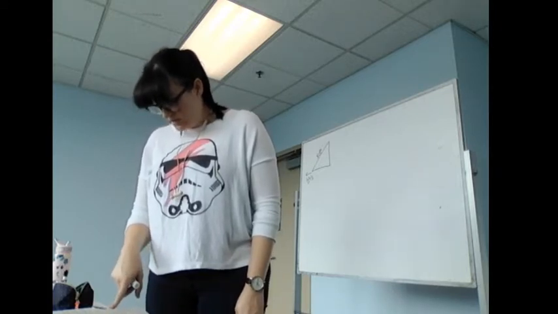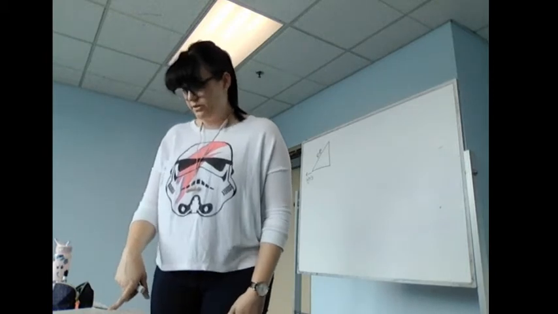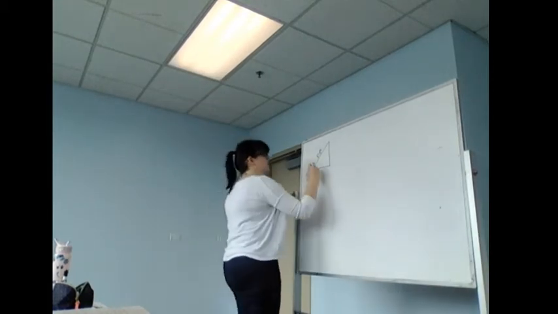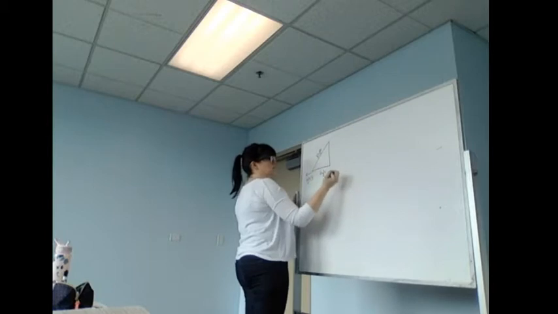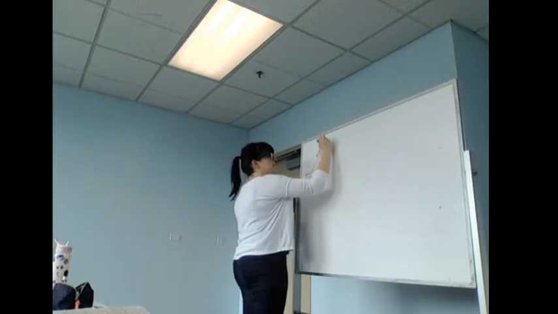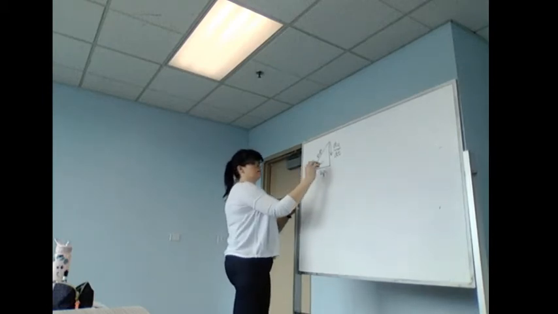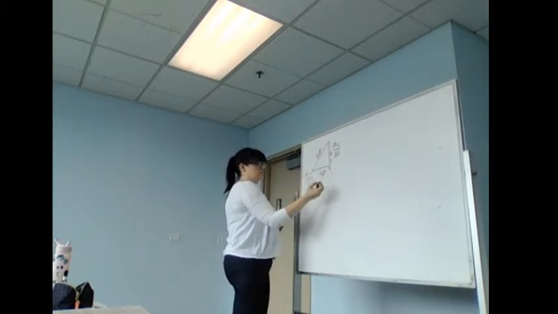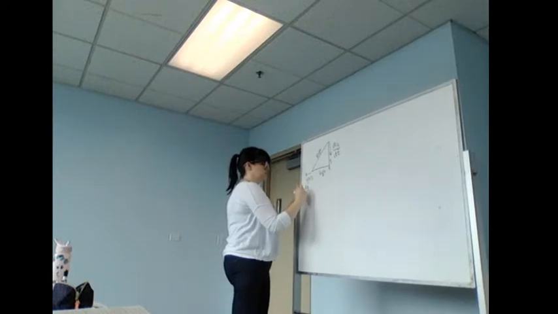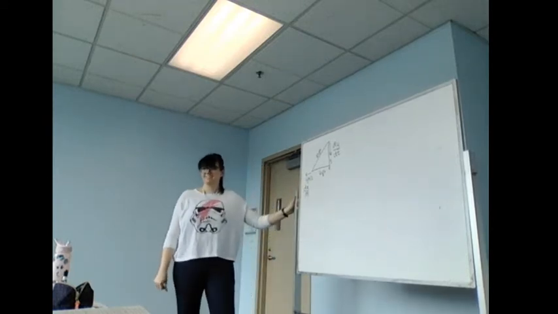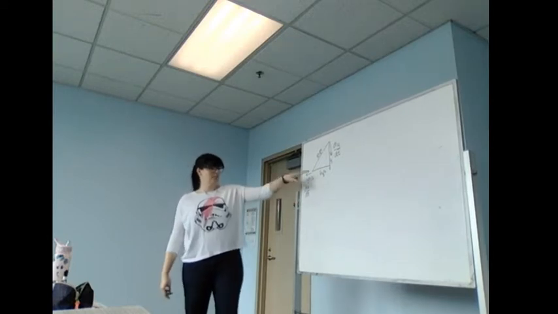How fast is the top of the ladder sliding down the wall when the bottom of the ladder is 6 feet from the wall? Okay, so this is going to be 6 feet. And it wants to know, let's call this y, dy/dt. And we know that this is going to be our x, this would be y. This is dy, dx/dt. So, what's that?